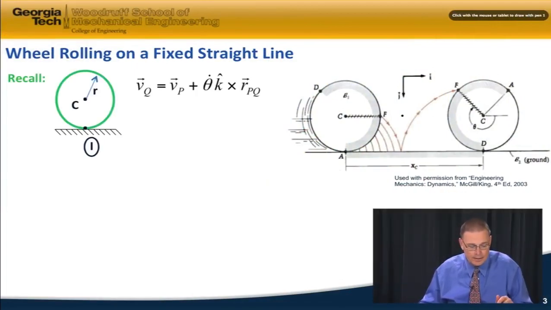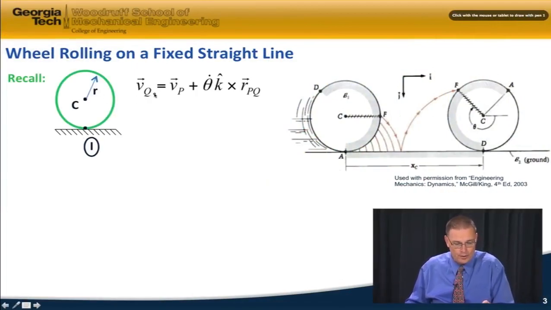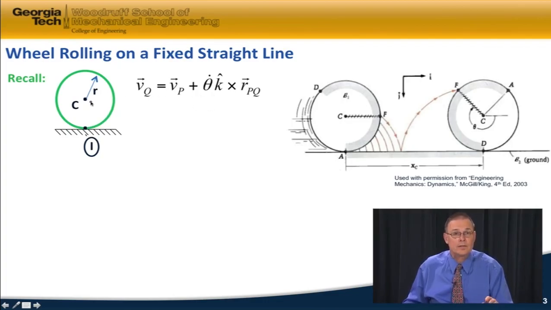So here is my wheel. You'll recall the relative velocity equation, and so I'm going to go from a known point, which is the IC for a no-slip wheel, where the velocity is equal to 0, up to the unknown point, which is the velocity of the center of the wheel. And so let's go ahead and write that.